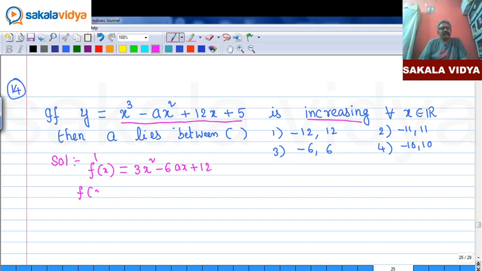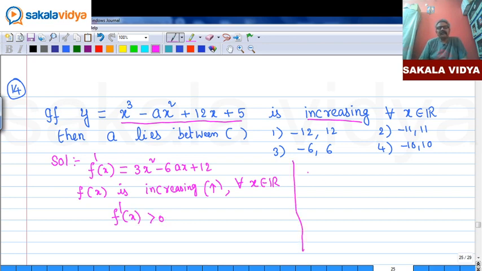F of x is increasing for all x belongs to R is given. That means f dash x is greater than 0, that means 3x square minus 6ax plus 12 is greater than 0.